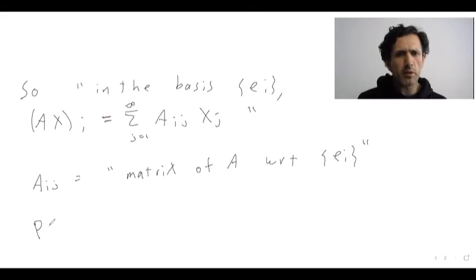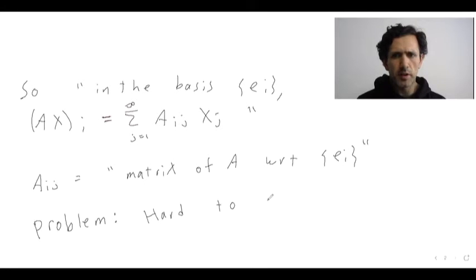In particular, the main problem in studying operators via its matrix is that it's very hard to relate the norm of A and the matrix a_ij. It's in general extremely hard.